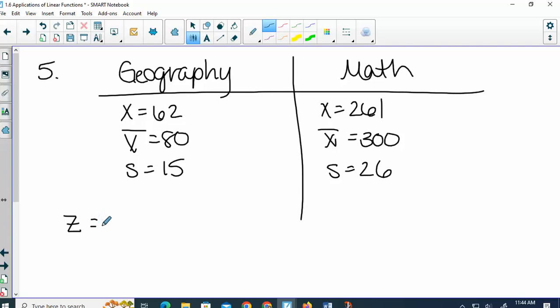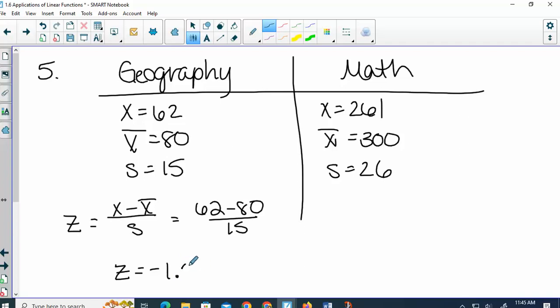If you look on your formula sheet, z is x minus the mean divided by standard deviation. So for geography, we would have 62 minus 80 divided by 15. If we work that out, we get negative 1.2.